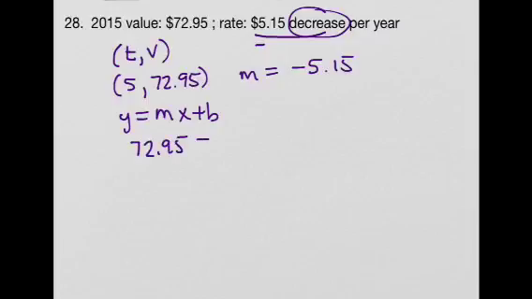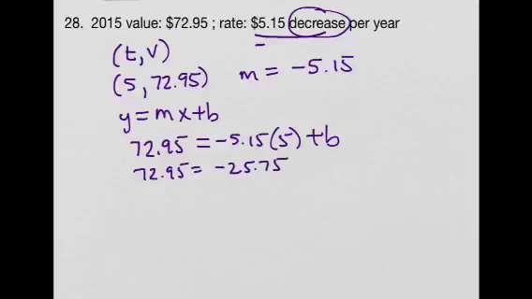So 72.95 is negative 5.15 times 5 plus b. And so then you multiply 5.15 times 5, and you end up with negative 25.75. And so you add that to both sides to isolate the b.